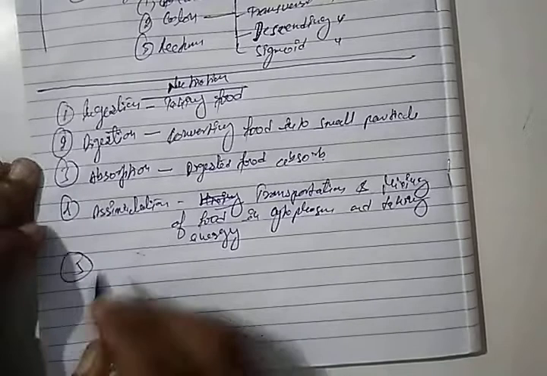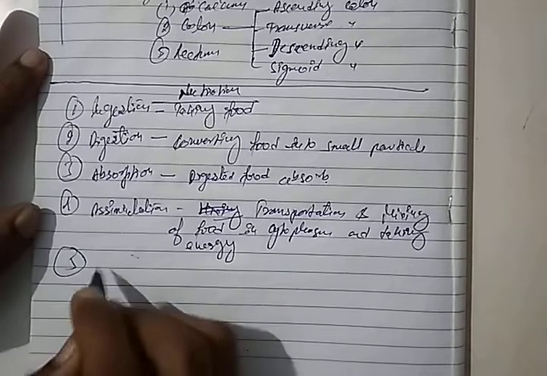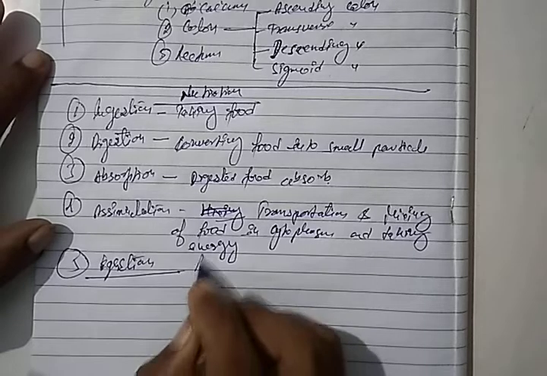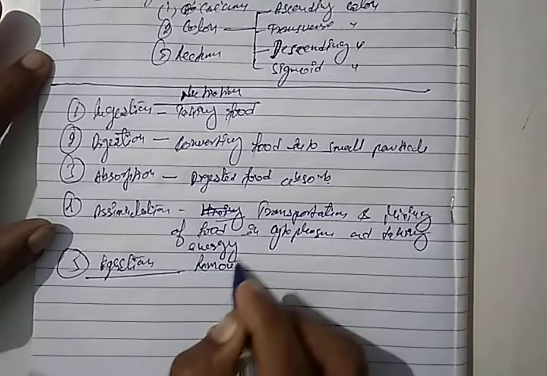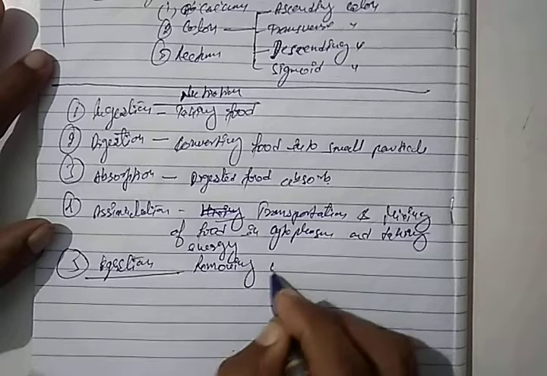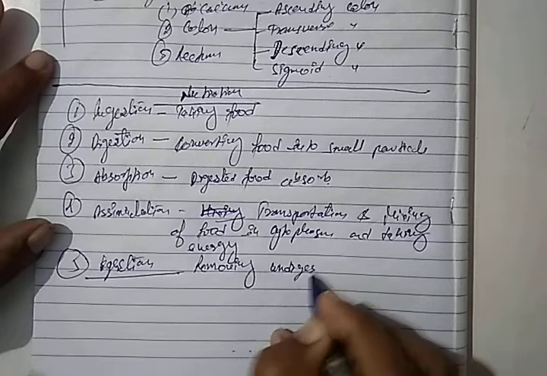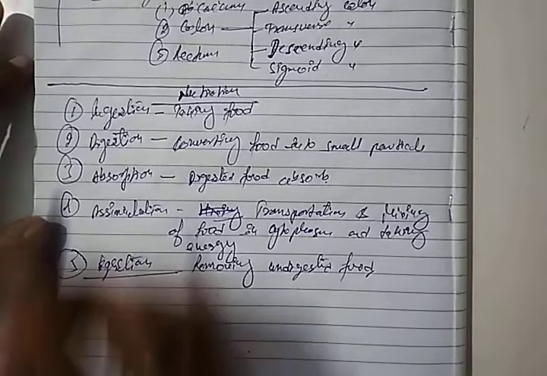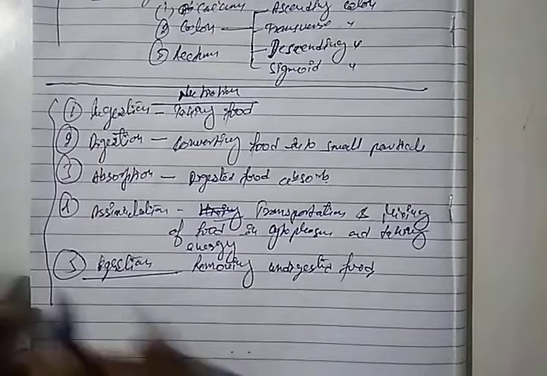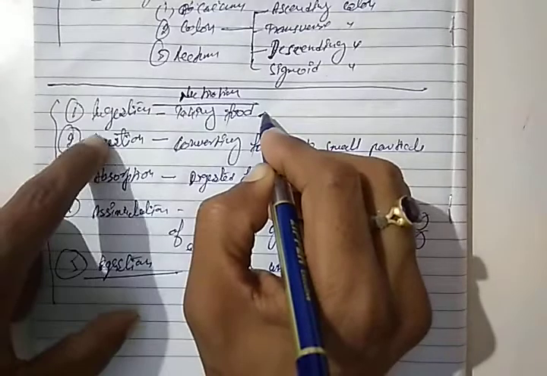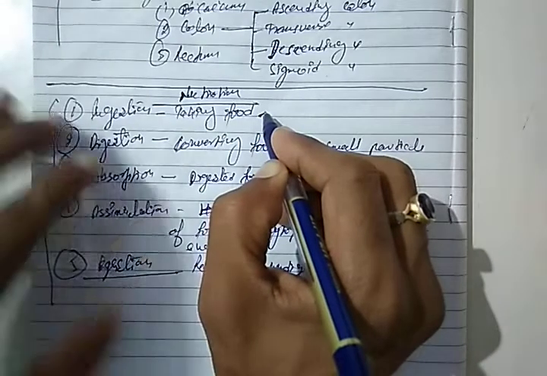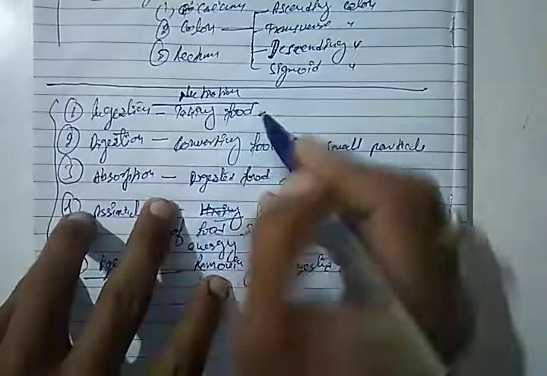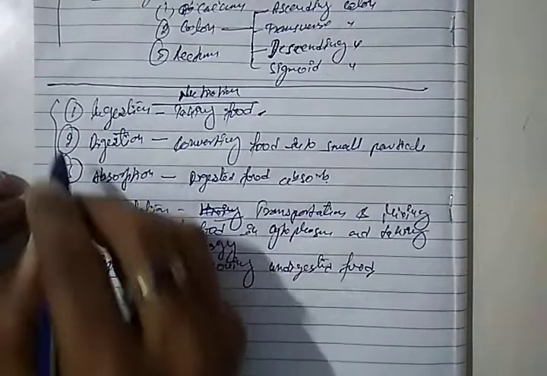Last, fifth step is egestion. Egestion is removing undigested food from the animal. Okay, so these are the 5 steps. Ingestion is basically taking food, and humans are included in holozoic nutrition, and humans take food in solid form.